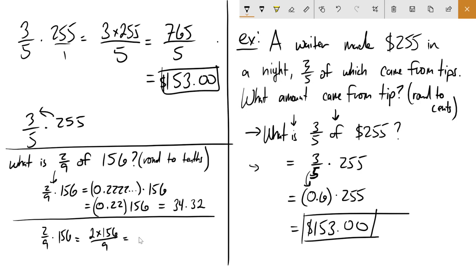So 2 times 156 is 312, divided by 9. And what do you get if you do it that way? 34.666 dot dot dot. And if you round that to the nearest hundredths, what happens? It's 34.67. So why are my answers different and which one's more correct?